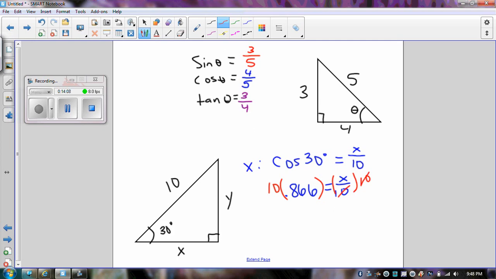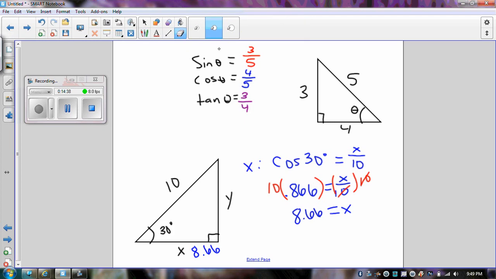And so I would end up getting x has a value of 0.866 times 10, or 8.66. And just to double check, I want to make sure my adjacent side, or x side, is not larger than my hypotenuse. And it's not. So I know that I did that correctly, or at least I have a pretty good chance of doing that correctly. So the value of the x side is 8.66.